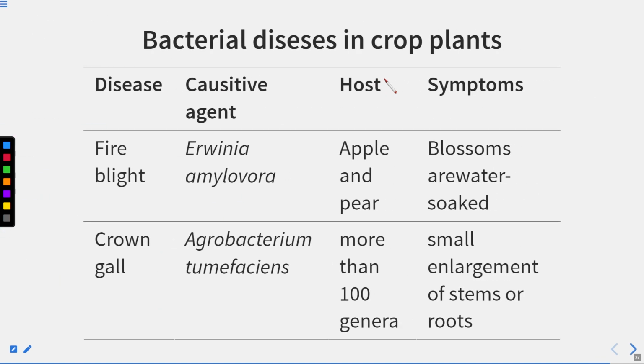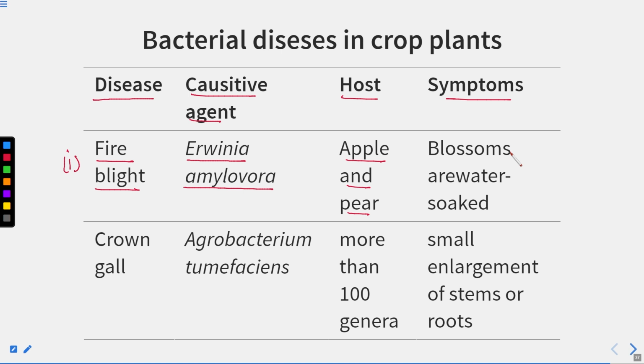Now, some of the bacterial diseases that occur in crop plants. Here we have a table with the disease, causative agent, host and the symptoms. The first disease is called fire blight, and it is caused by the bacteria Erwinia amylovora, and the hosts are apple and pear.